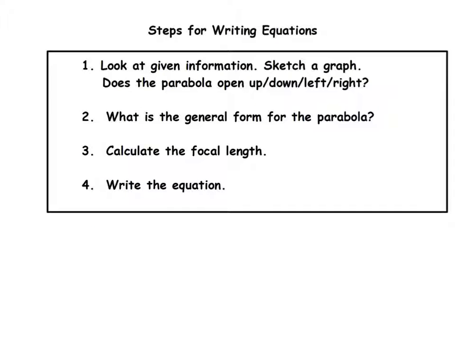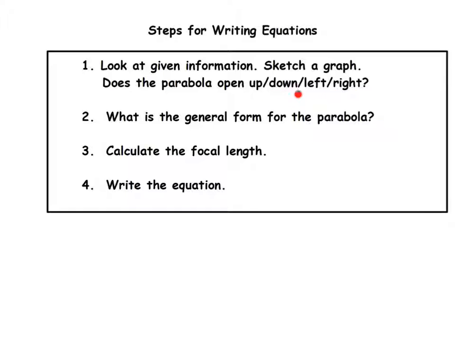So here's my advice for writing quadratic equations that involve information about the directrix and the focus. First of all, look at the information that you're given and sketch a graph. Plot the focus, plot the directrix, and then figure out which way the parabola is opening. Is it opening up, down, left, or right?